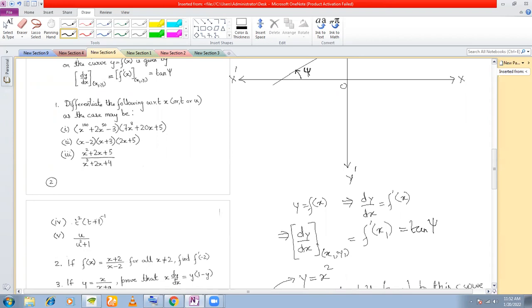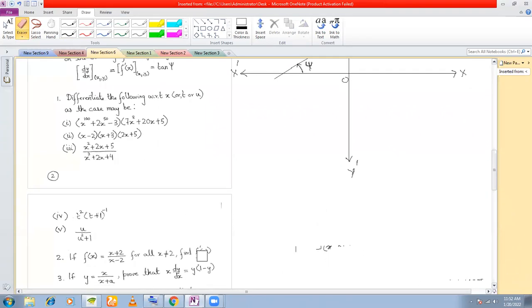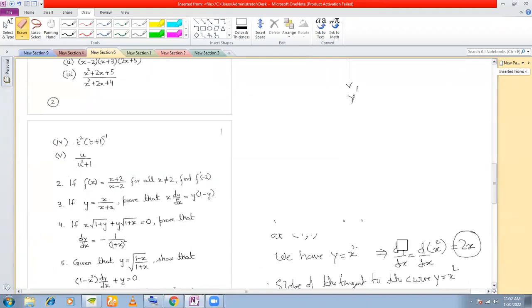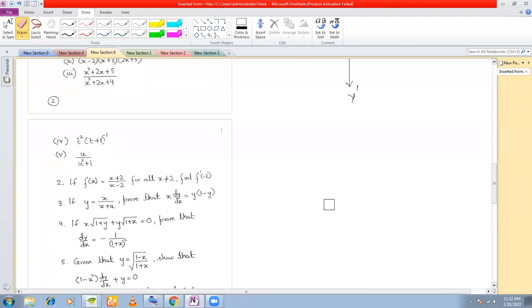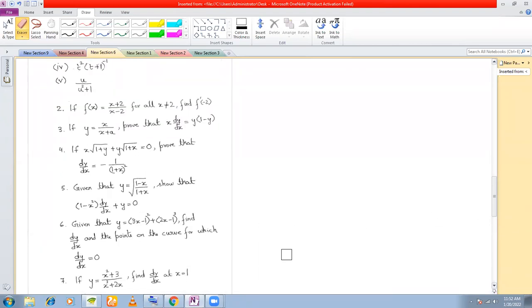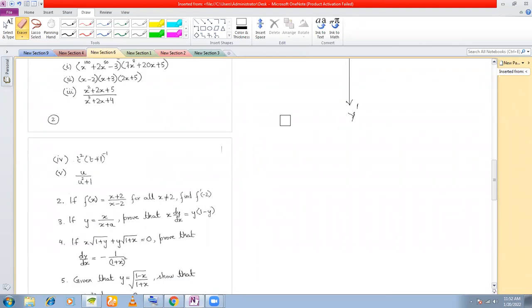I hope this is clear. You can proceed to the exercise then. Remember this, this will be of a lot of use in the times to come. Slope of the tangent, we will be using this later on also.